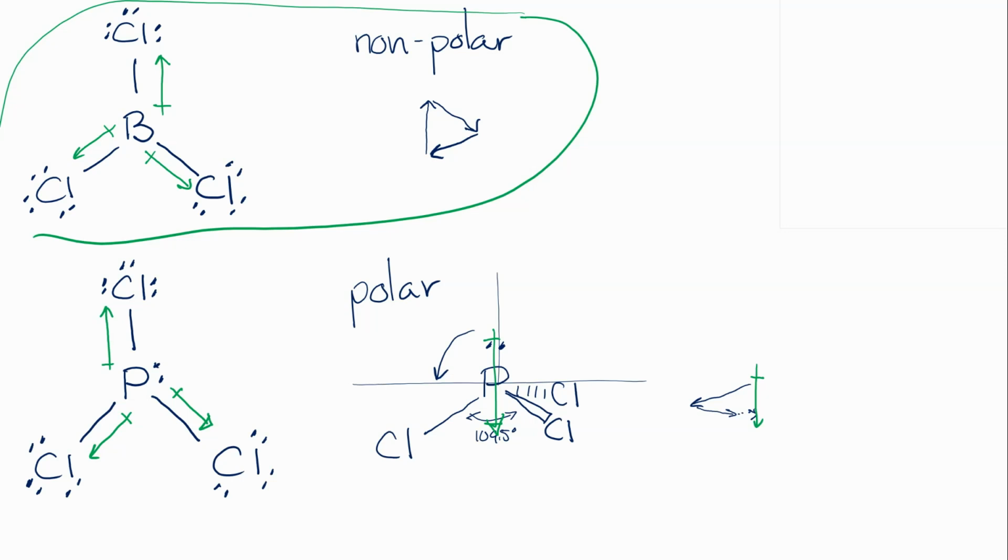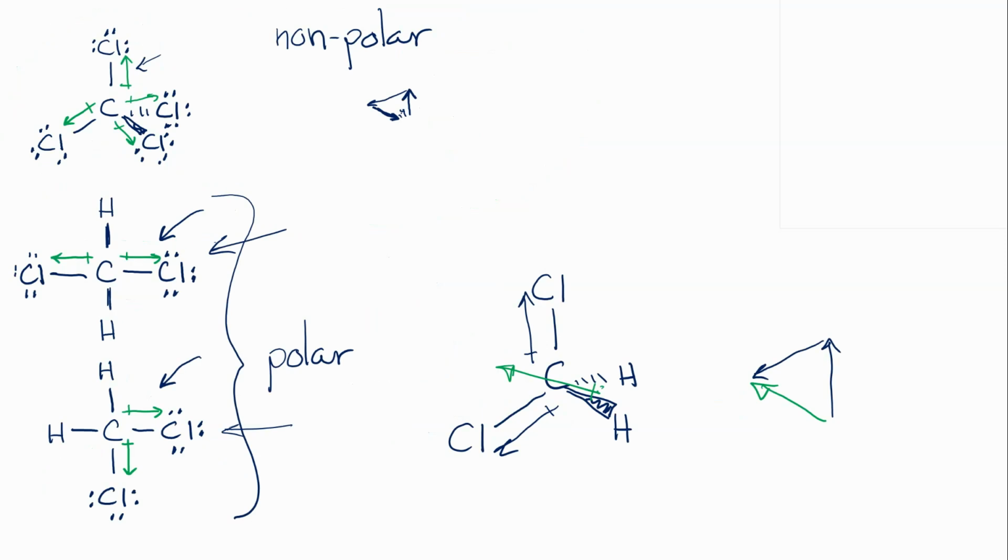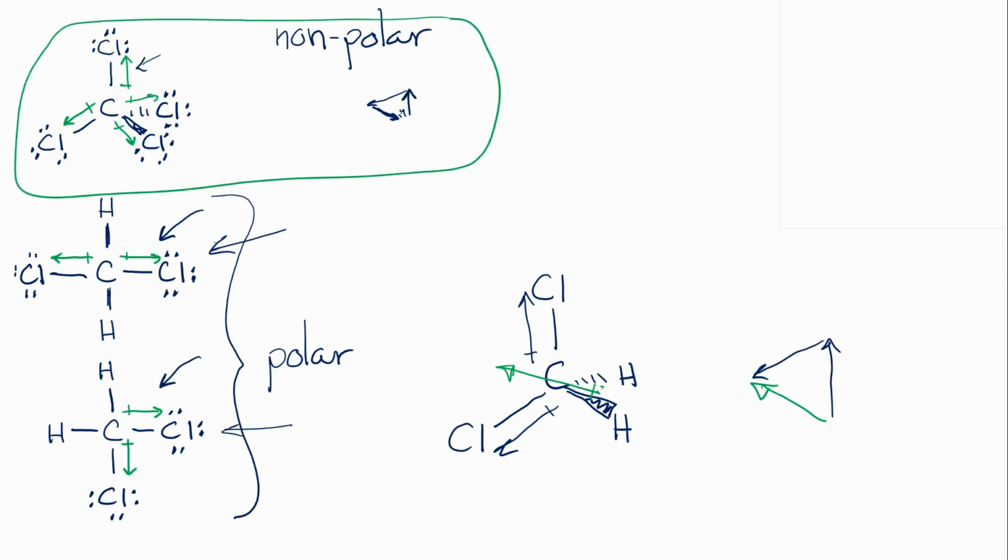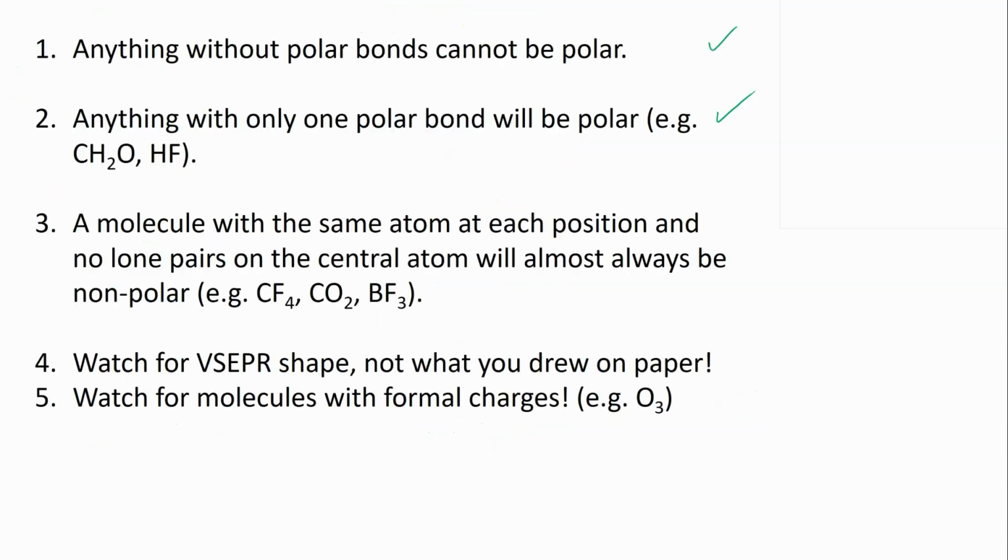This trigonal planar structure, all the bond dipoles cancel. And the same was true with the carbon tetrachloride. Okay, it's a little harder to visualize. If you get a little model kit, you can see it, but nonpolar. Okay. That's not true if you had 2 hydrogens and 2 chlorines, for example, but if all the atoms are the same, that will end up working.